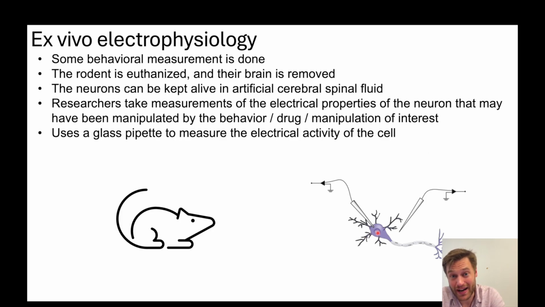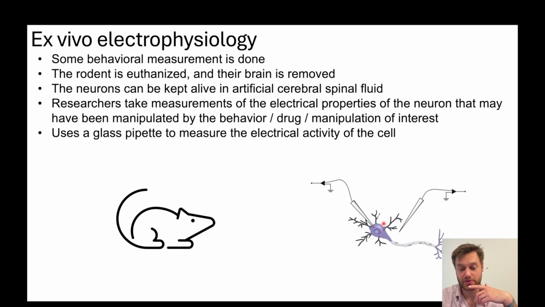This is incredibly small, and it's hilarious because I did a rotation in graduate school in an electrophysiology lab, and the pipette tip is microscopic. Literally you can't see with the naked eye the tip of the pipette that you're going to be puncturing the soma of the neuron with.